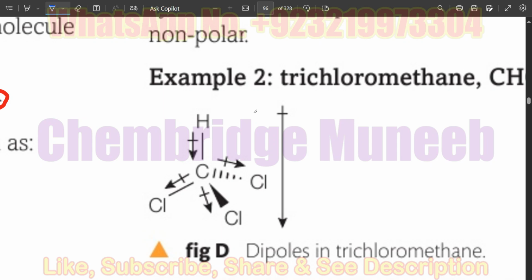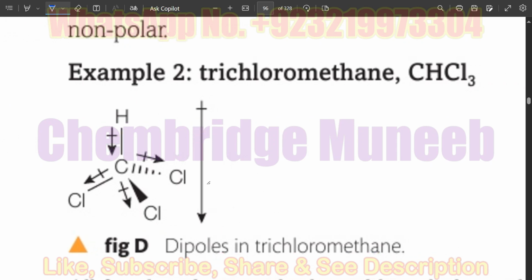Good. Not all of the atoms bonded to the carbon are the same. The dipoles of these three chlorine atoms are not cancelled by the carbon-hydrogen bond. The carbon-hydrogen bond has a different dipole. So that's the reason it is not non-polar, it is polar.